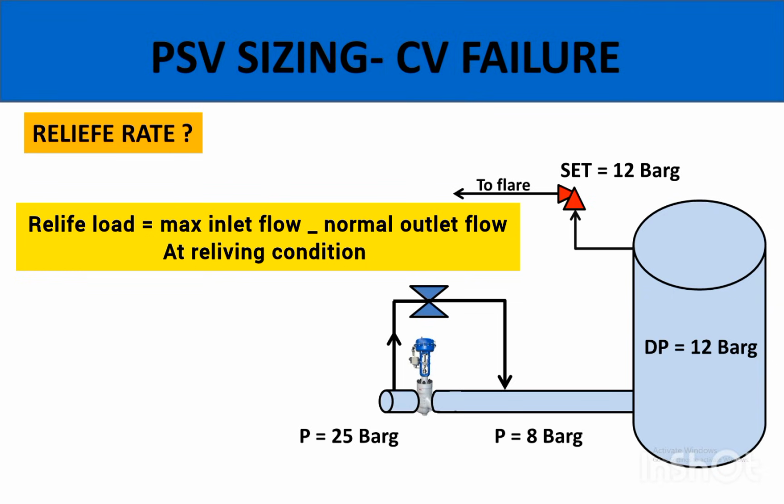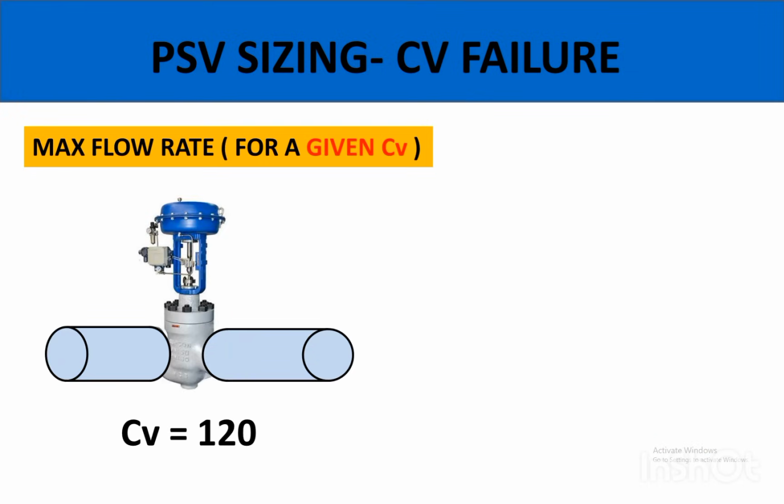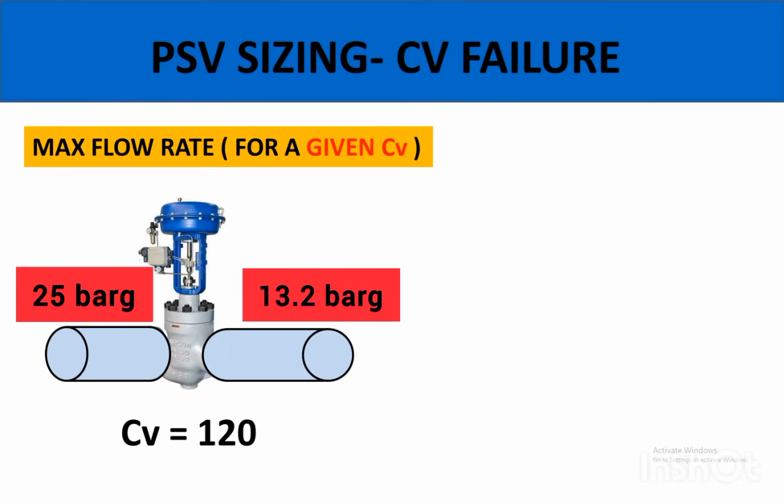We have discussed all the parameters, but consider a valve with a given Cv, which in this case is 120 US gallons per minute. I want to talk about how to calculate the maximum flow rate when this valve is fully open and its Cv is given, which is 120 US gallons per minute.